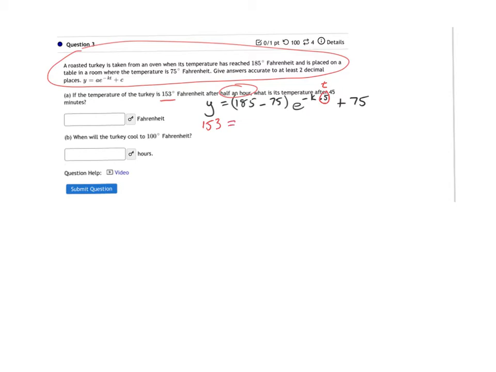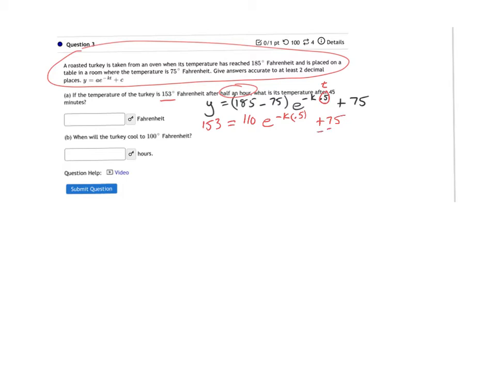So now in this step, I'm going to take 153 degrees, which is y, equal to 185 minus 75, which will give me 110, e to the negative k times t, which is 0.5, plus 75. So I need to solve this for k.